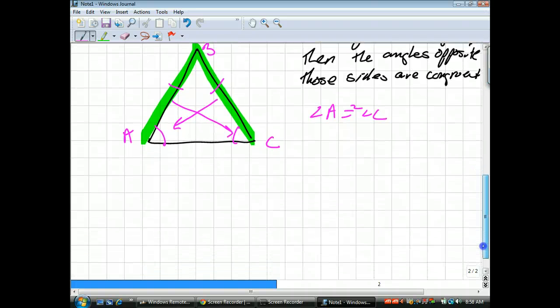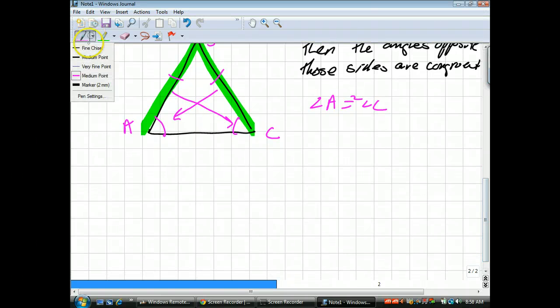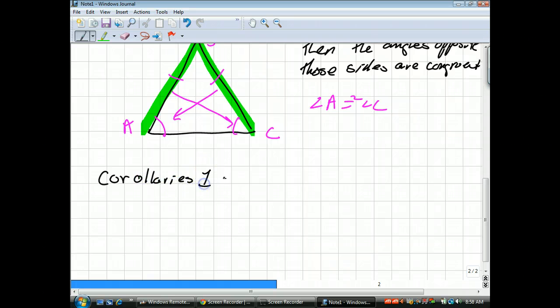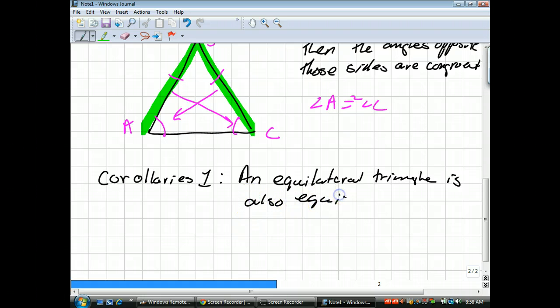Then from this theorem, we have three corollaries. And remember that corollaries are statements that are obvious because of the theorem. Okay? So corollary 1 says an equilateral triangle is also equiangular.